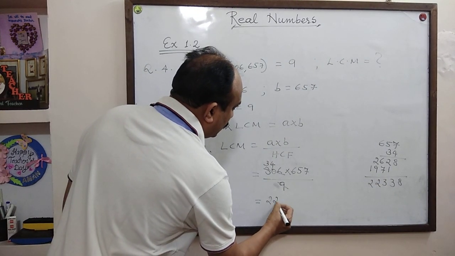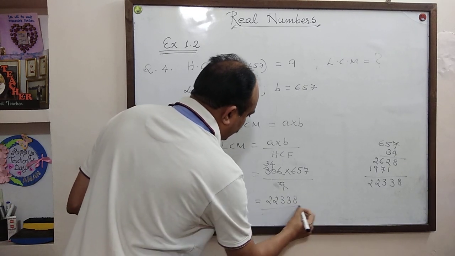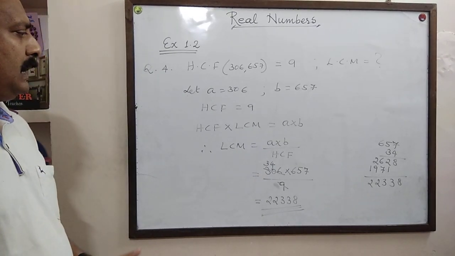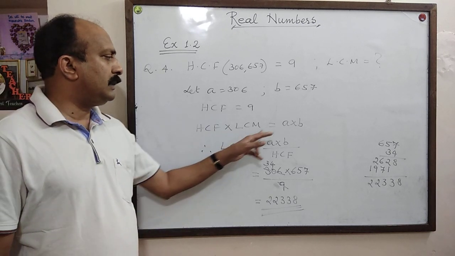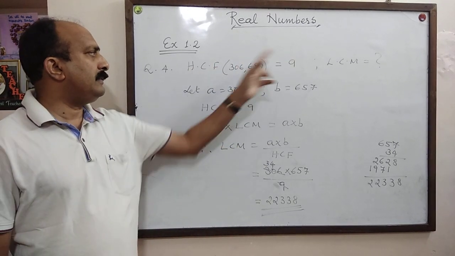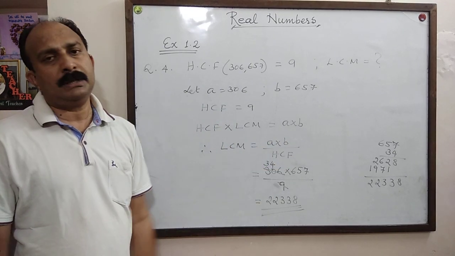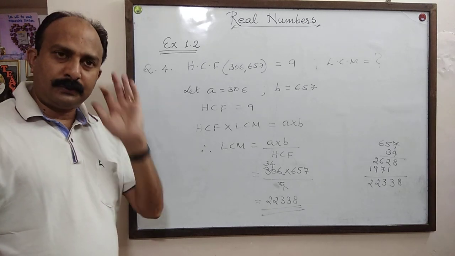So that is the answer. It is simply an application of the rule A into B equal to HCF into LCM. HCF is given, A and B are given, so LCM equal to A into B upon HCF. I think it is clear to all of you. So that's all for today.